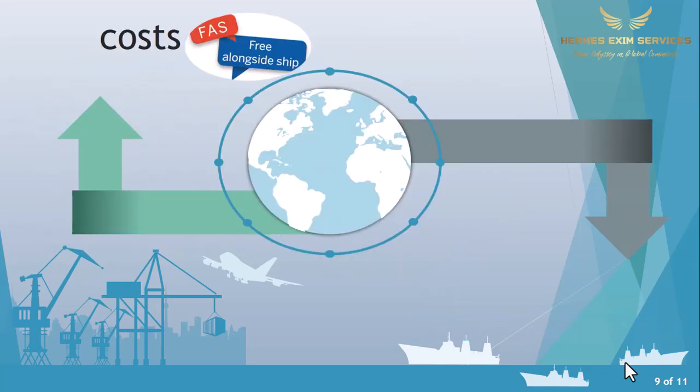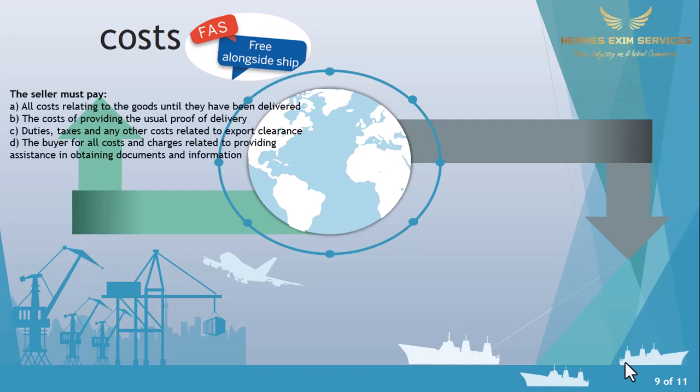Under FAS, the seller must pay all costs relating to the goods until they have been delivered, other than those payable by the buyer. The seller must pay the costs of providing the usual proof to the buyer that the goods have been delivered. Where applicable, the seller must pay duties, taxes, and any other costs related to export clearance.